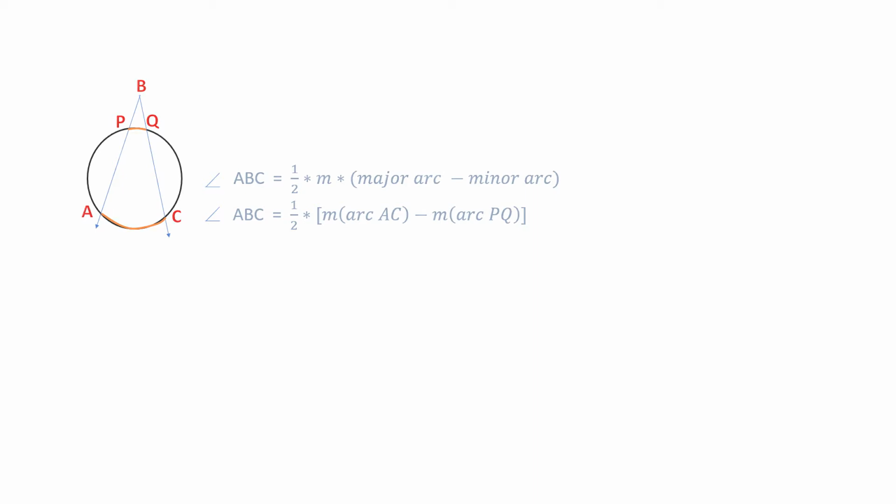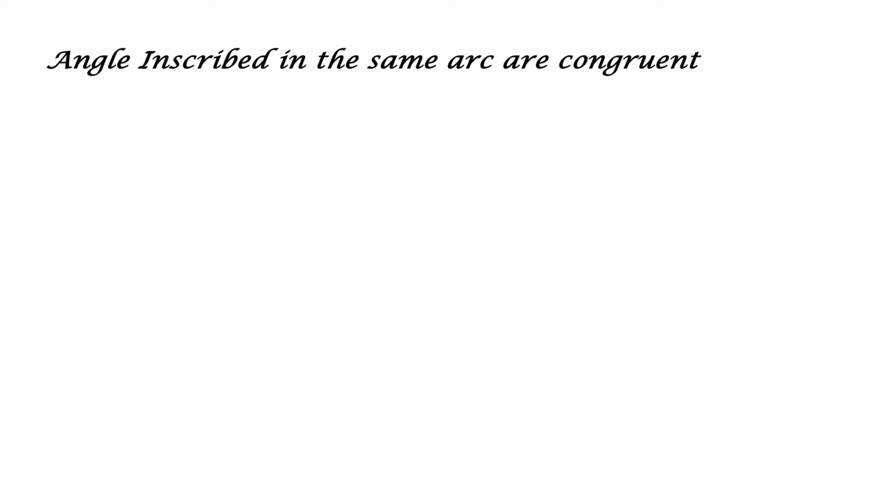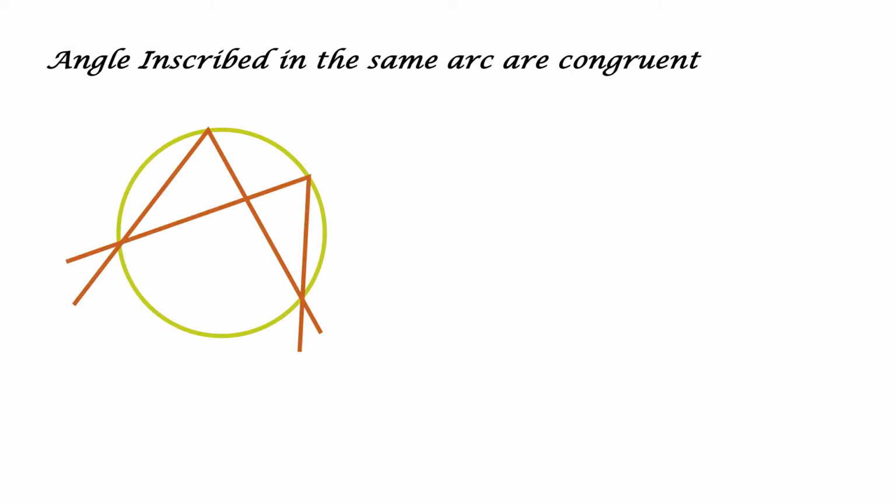Now, the next topic is corollaries of the inscribed angle theorem. These 2 points are very important for solving the sums. So what is the first point? The first point is: angles inscribed in the same arc are congruent. Observe the given figure. In the circle, there are 2 inscribed angles: the first is angle PQR and the second is angle PSR, which have a common arc PR.